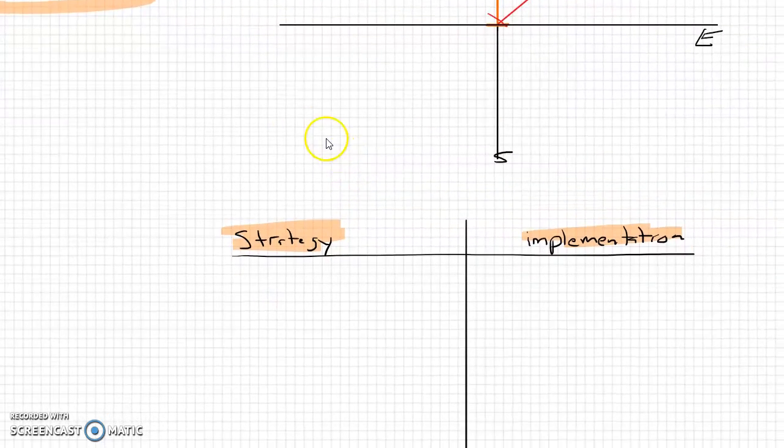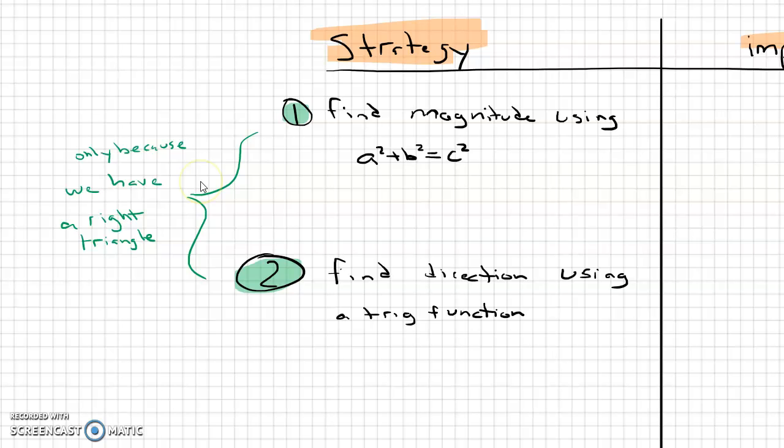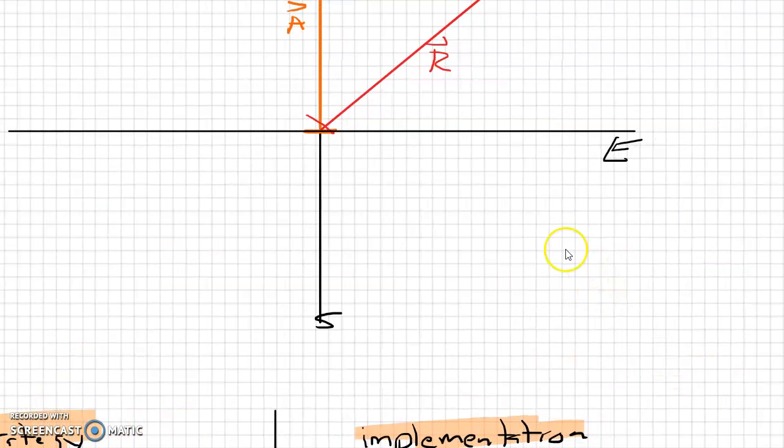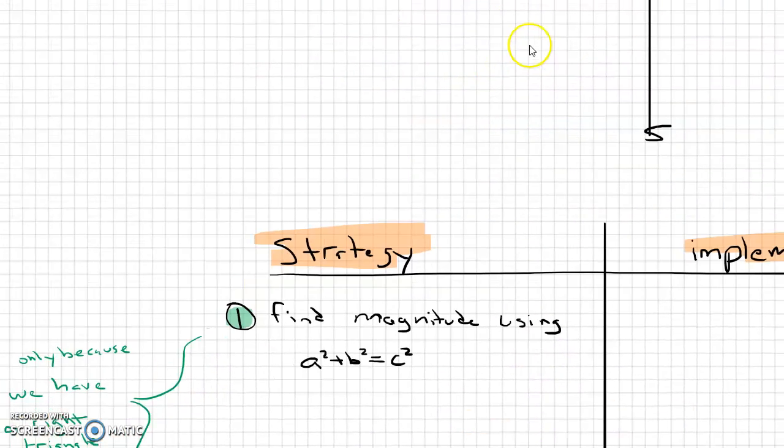So what we're going to do here is come up with a strategy and then implement that strategy to try to add these two vectors together. Okay, so the strategy I've come up with, and we can use this strategy only because we do have a right triangle, is to keep in mind that the Pythagorean theorem will allow us to find the third side of a triangle, which in this case is this resultant vector, which is what we're trying to find.